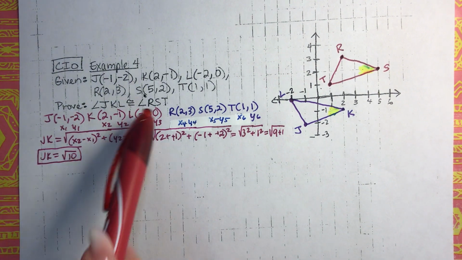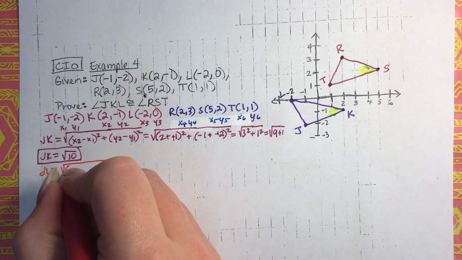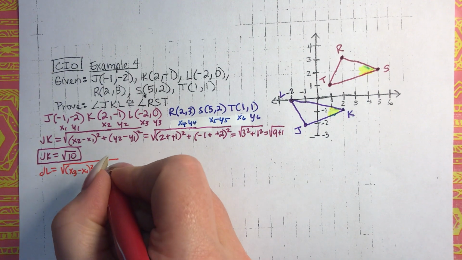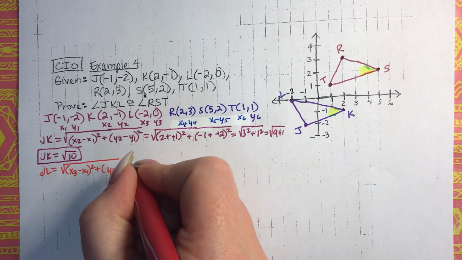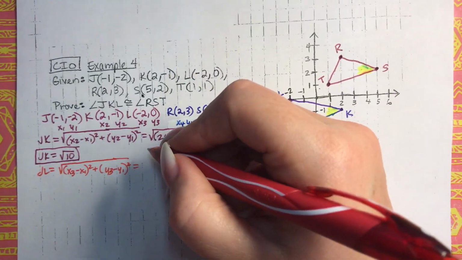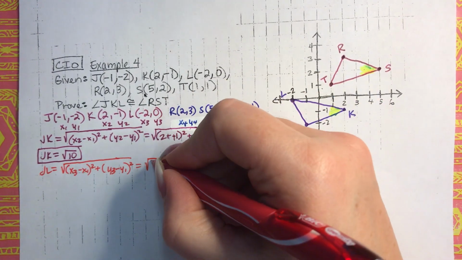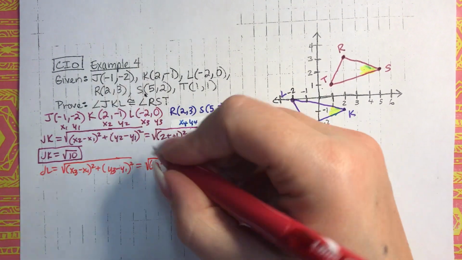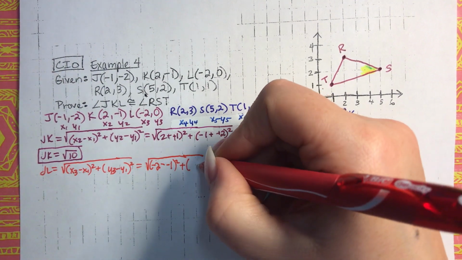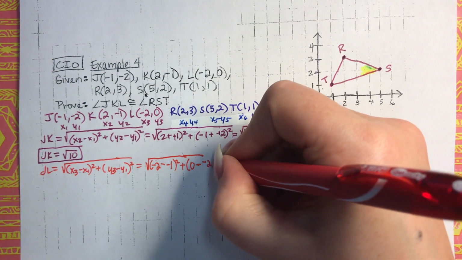Let's go to JL. So JL is equal to the square root of x3 minus x1 squared plus y3 minus y1 squared. Then we just substitute in. x3 is -2 minus x1, which is -1, squared, plus y3 is 0 minus y1, -2, squared.